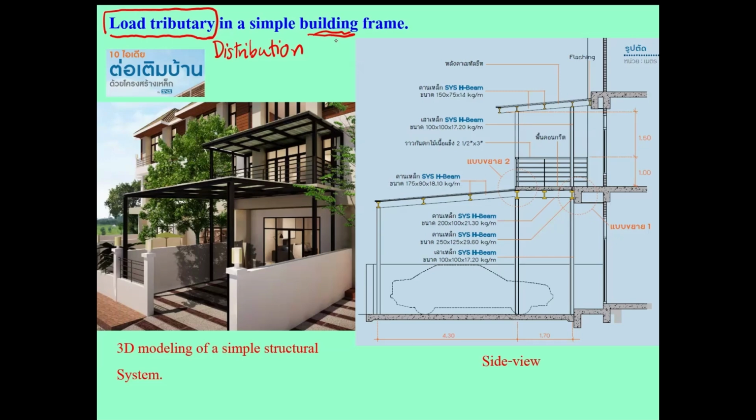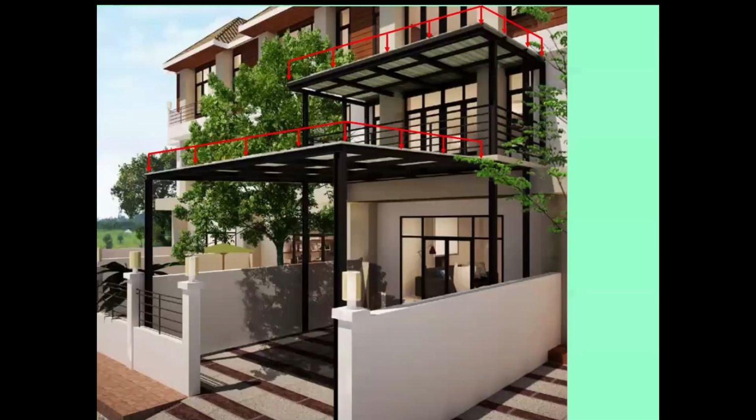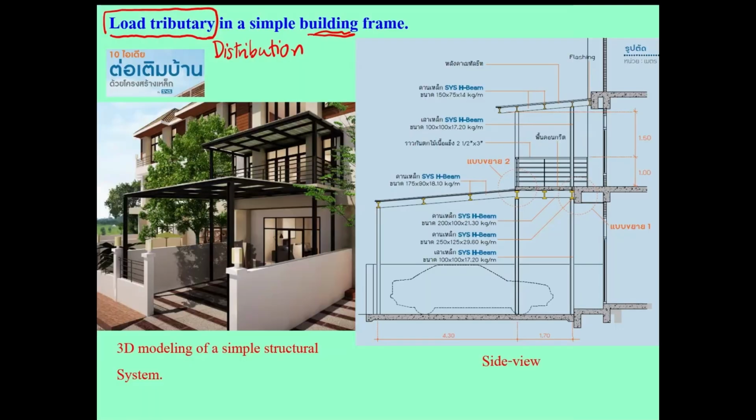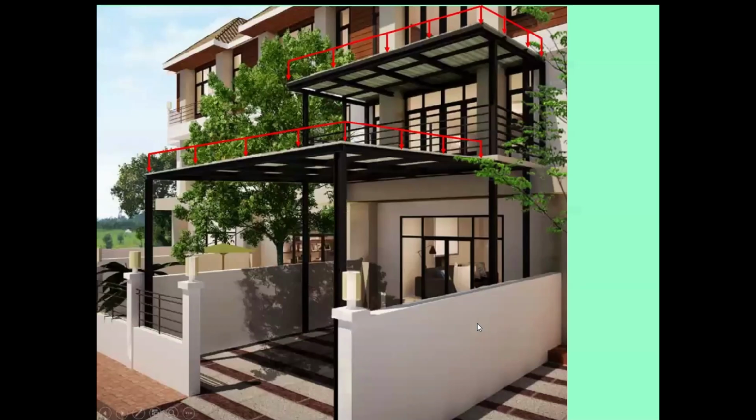Okay. Now, for this one also, I would like you to be creative. The roof is supposed to have dead load and live load. Live load on the roof, in Thailand, is going to be at least 50 kilogram per square meter.